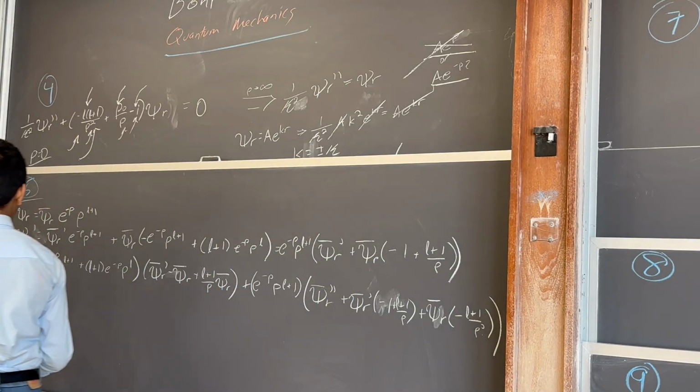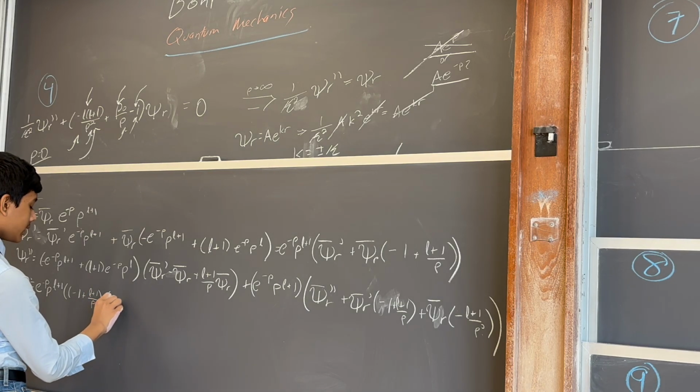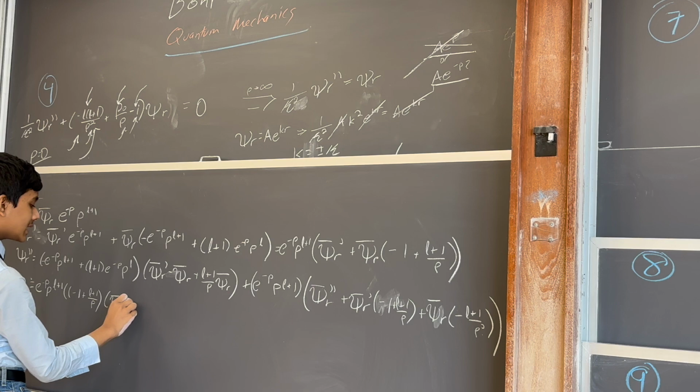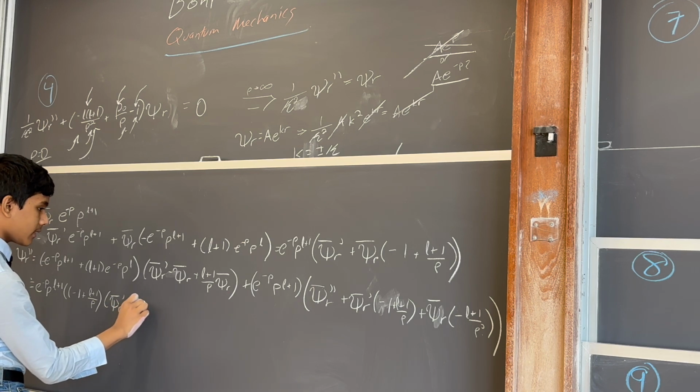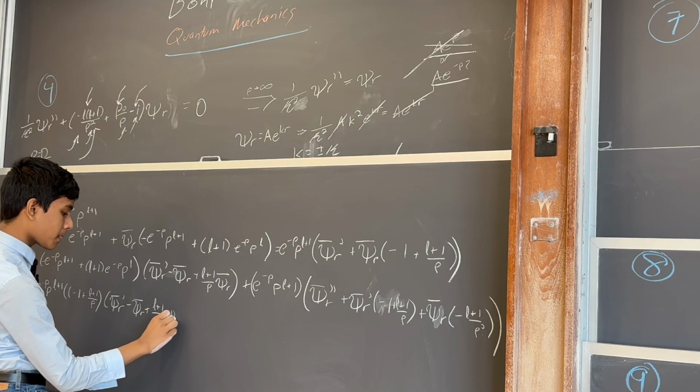And you can factorize this again to simplify it. This once again becomes minus 1 plus l plus 1 over rho, multiplied by bland function derivative minus bland function plus l plus 1 over rho bland function.